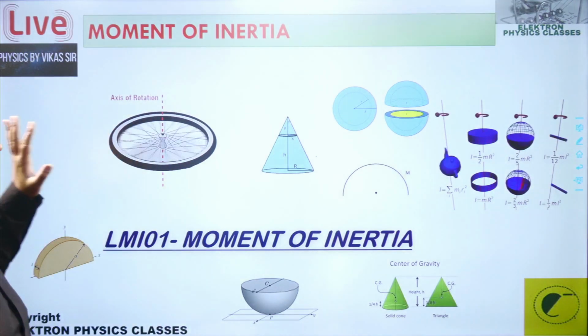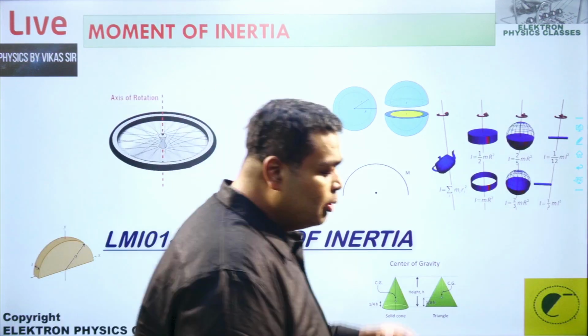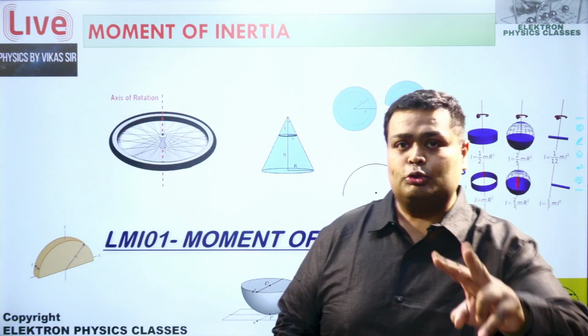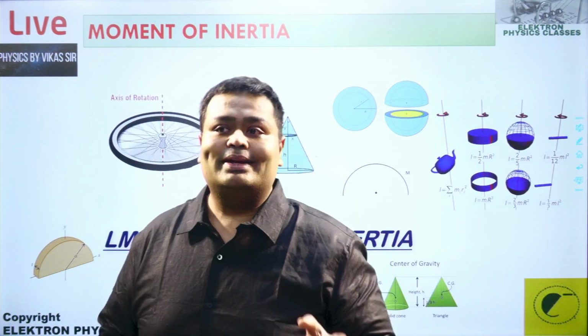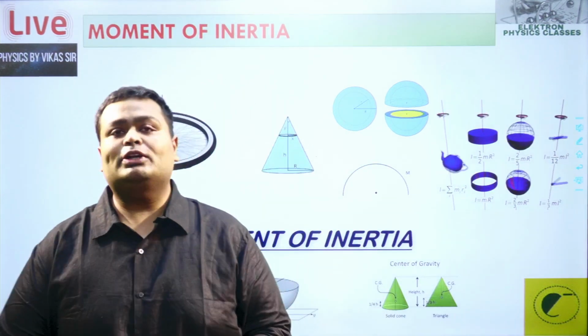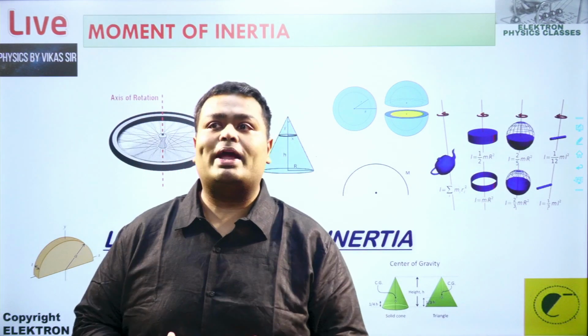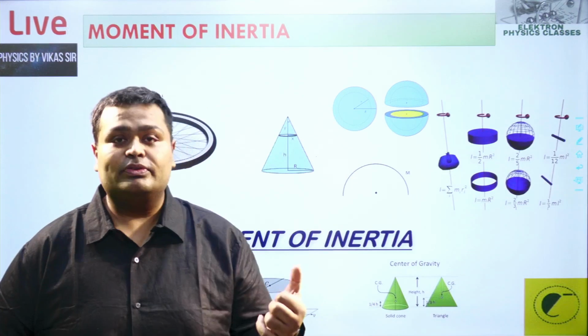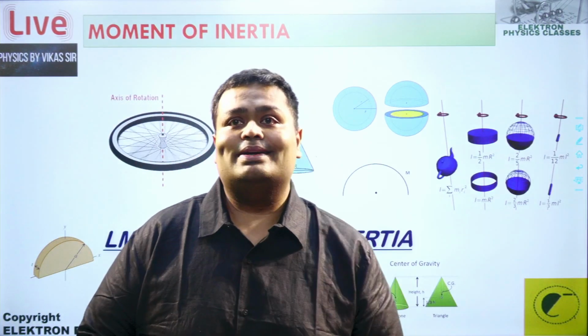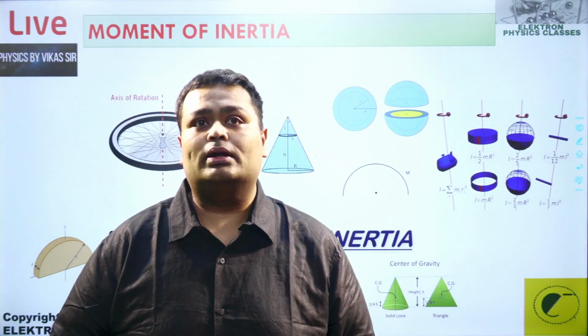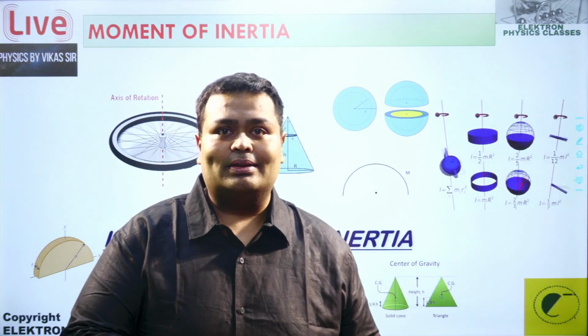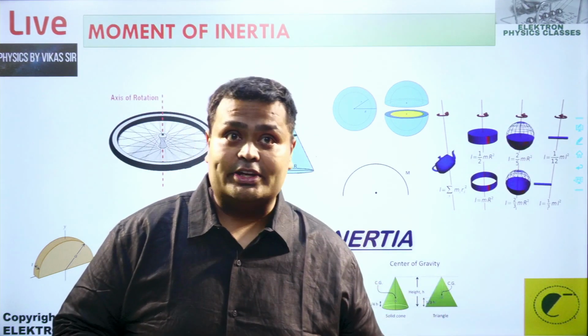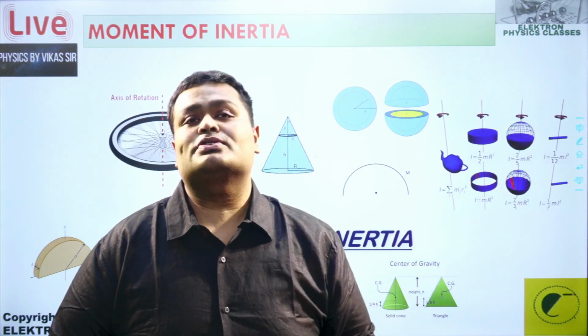Now, what exactly is a moment of inertia? The moment of inertia is made up of two words, the moment and inertia. When we are talking about moment, M-O-M-E-N-T, the moment is dedicated to the article of toppling, tipping, rotation, and we have only two kinds of such moments.